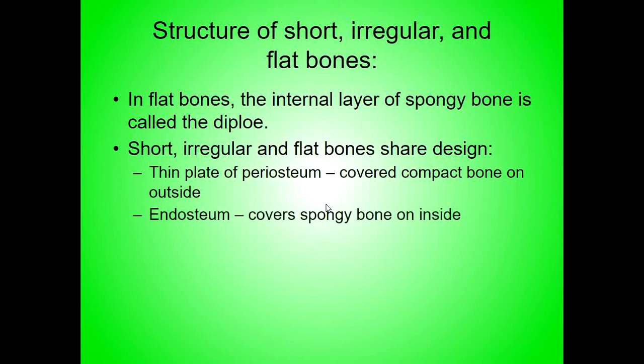It also has on the inside a cavity that's covered in an epithelial tissue known as endosteum, and this covers the spongy bone on the inside and protects it as well, just another layer of protection. And they don't have a marrow cavity, obviously, because flat bones are going to be flat. They don't have that rounded shaft, but they do have marrow. And instead, it's just kind of sandwiched in between in the diploe.